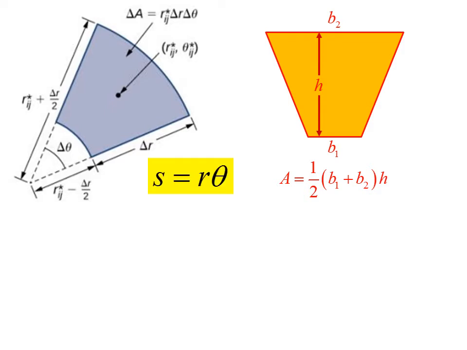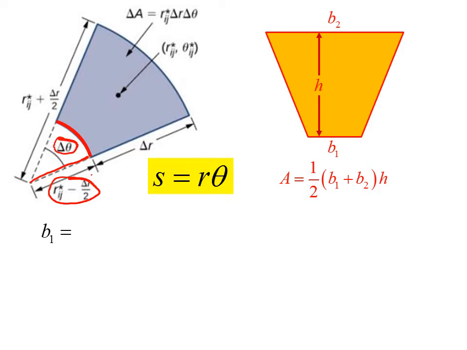Okay, so to find the length of an arc, we can take the radius times the angle subtended by that arc. For example, here is an arc at the bottom of this, which, as you can see, is like the B1 in the trapezoid. And so that's equal to the radius, and that would be, of course, this distance, which you can see is given as this, times the angle, and that would be our angle.